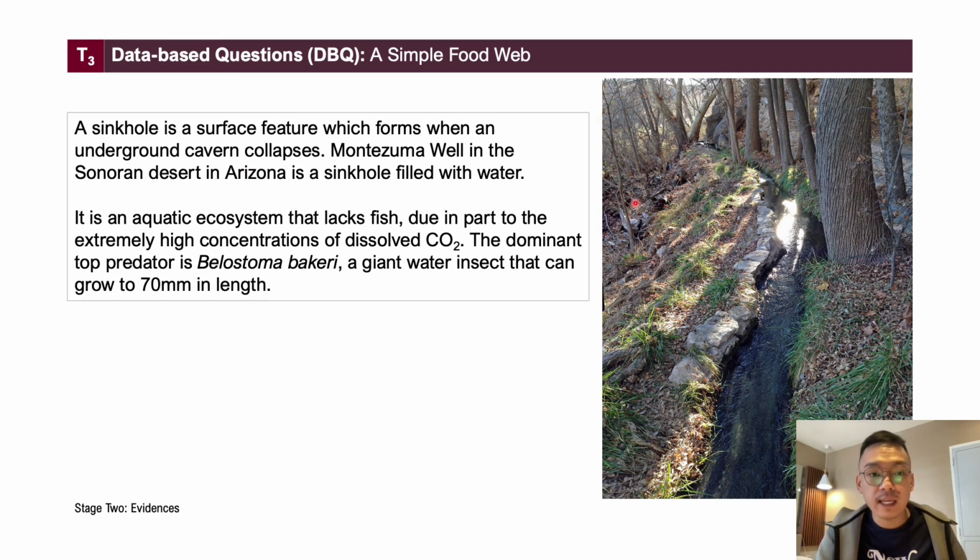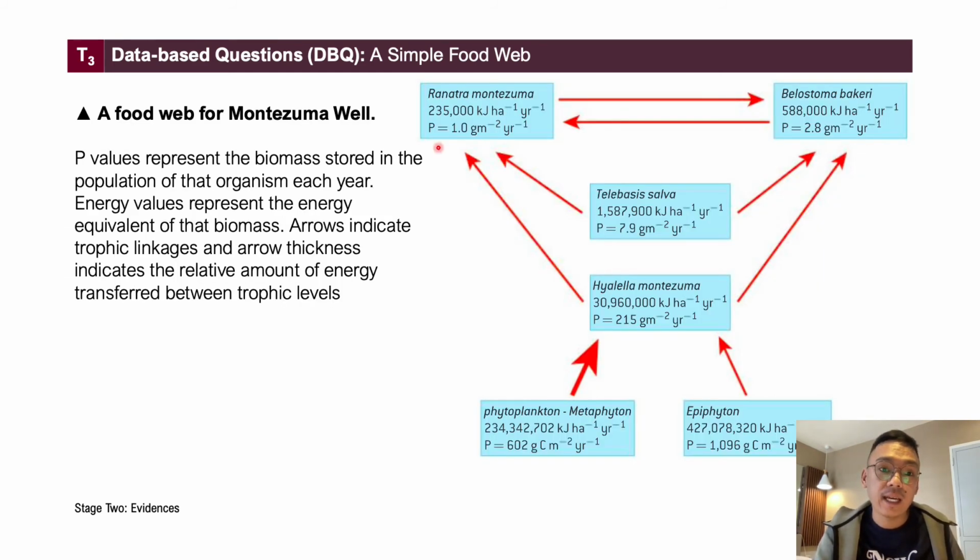And again, we introduce what a sinkhole is: it comes from underground cavern collapses. This is Montezuma Well in the Sonoran Desert, which is filled with water. It's an aquatic ecosystem that's lacking fish. And this is the food web for Montezuma Well. So we have the p-values here below, and we could represent it to the biomass stored in the population of that organism each year.